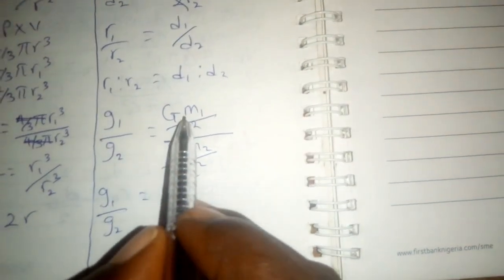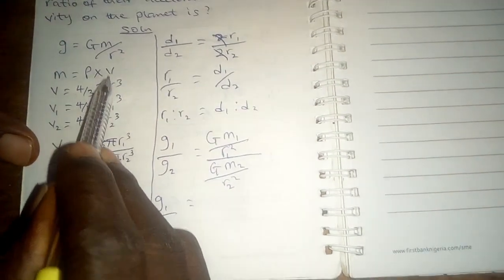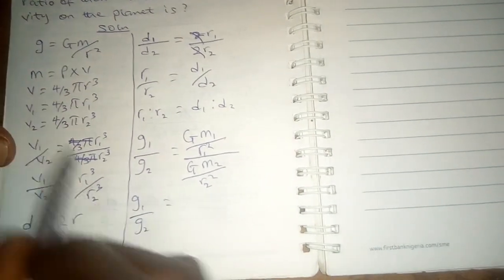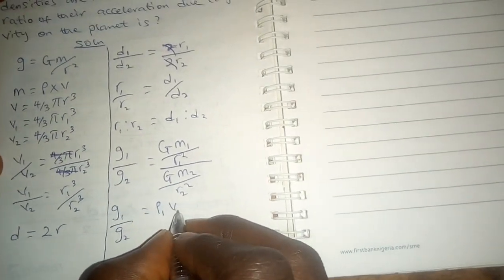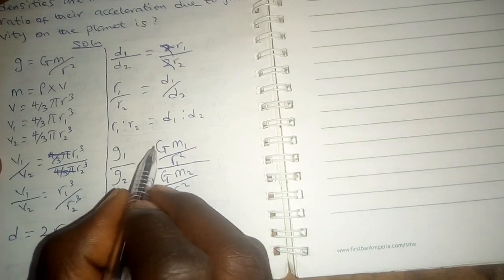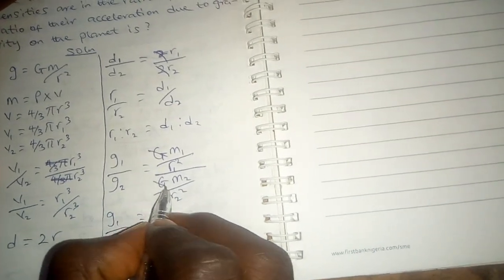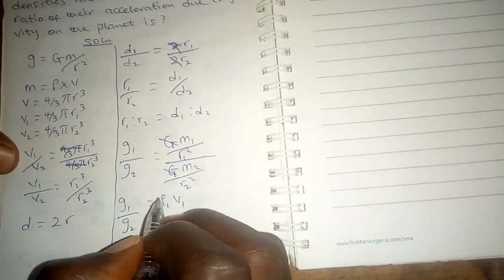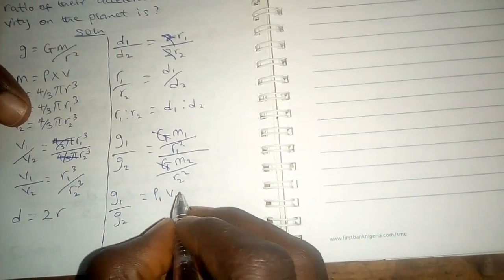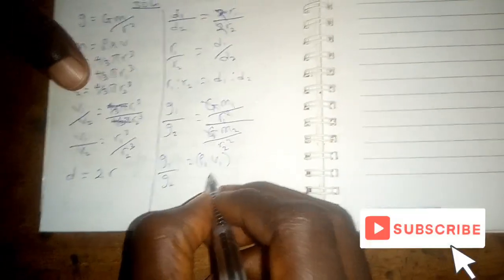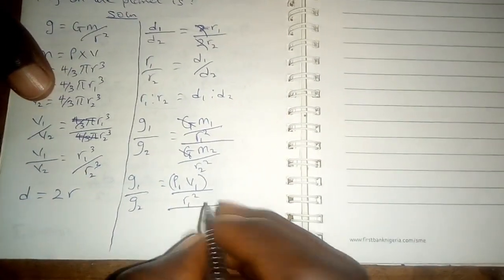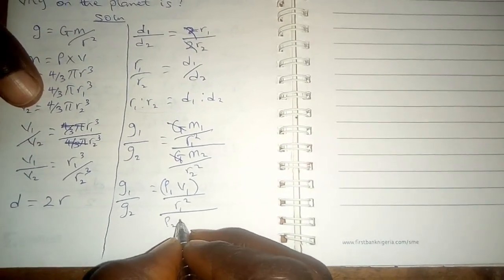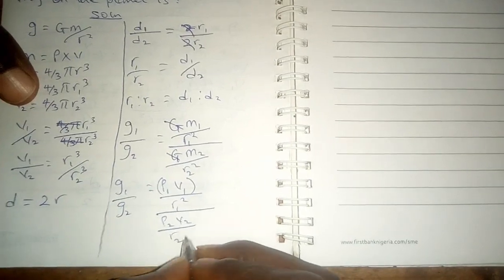Since we know that m1 is rho 1 times V1, and since the universal gravitational constant is the same, G cancels G. Therefore g1 over g2 is rho 1 times V1 all over r1 squared, divided by rho 2 times V2 all over r2 squared.